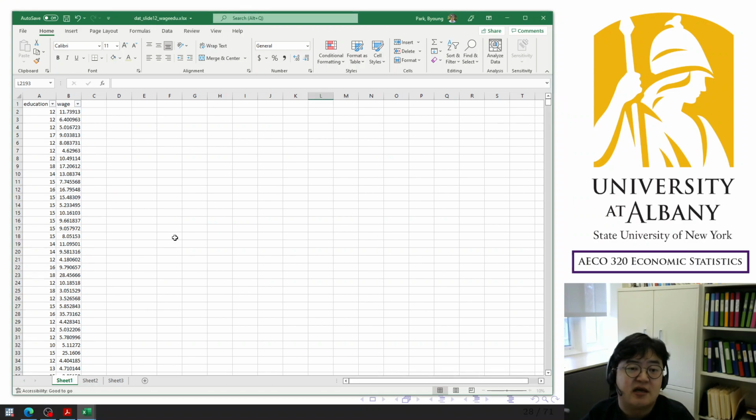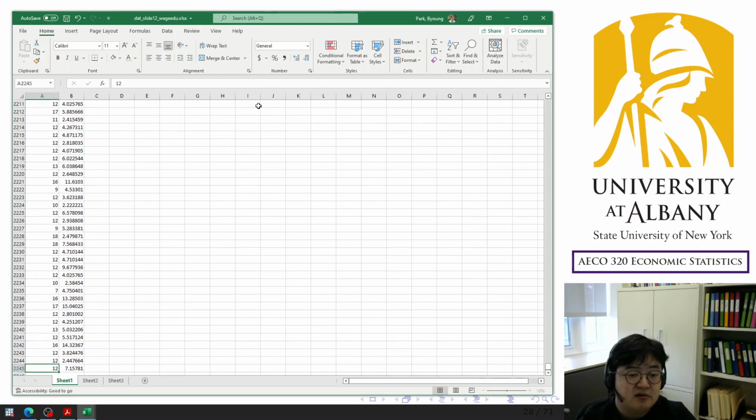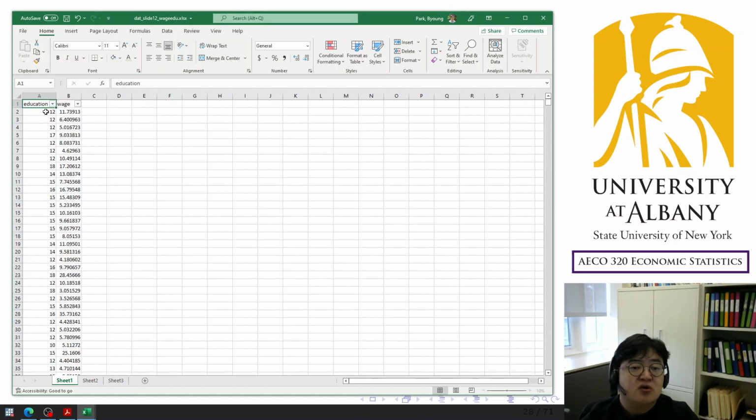Our data looks like this. We have education, years of education, and hourly wage. How many data are there? More than 2,000. 2,244 observations are available to us. Let's look at that. 12 years of education is high school graduates. 16 years is 4-year college graduation.